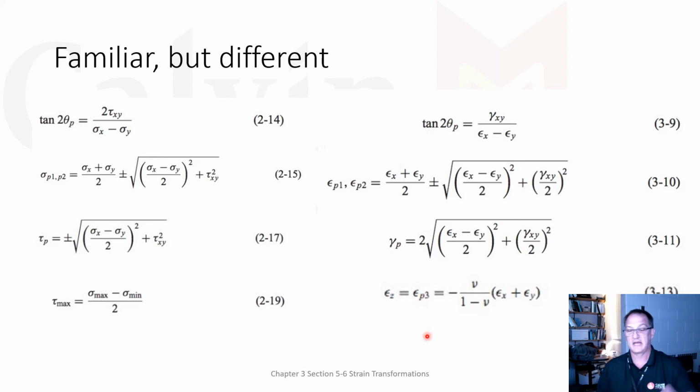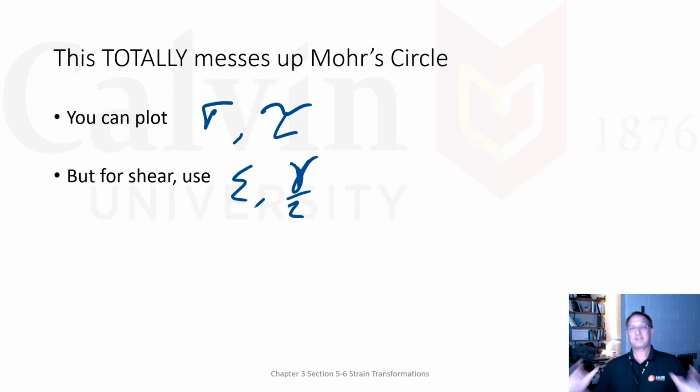That's the theme that just continues throughout. That's the only difference. It's a factor of 2. But that totally changes Mohr's circle. With Mohr's circle, we were plotting the normal stress and the shear stress. We're now plotting the normal strain and the shear strain divided by 2. Otherwise, this is all the same.